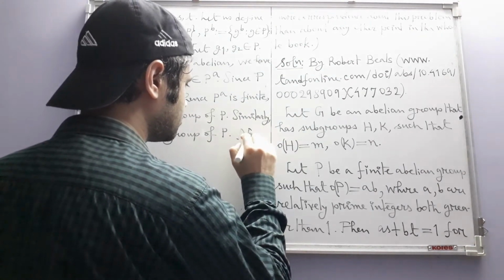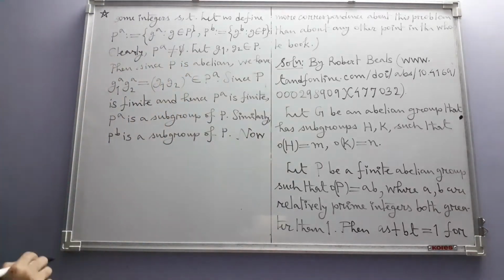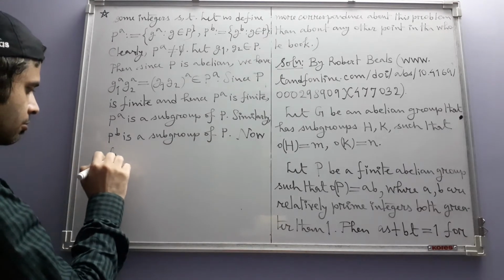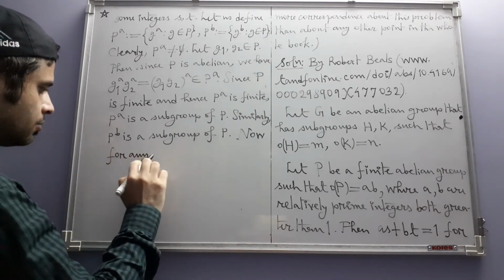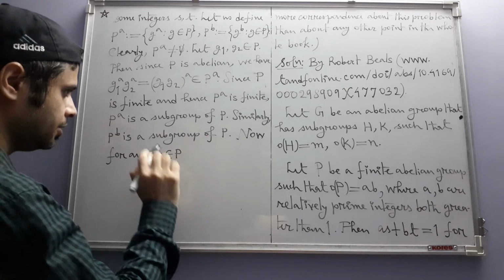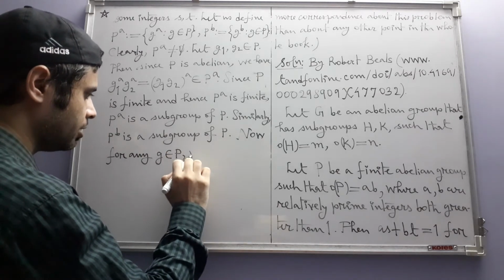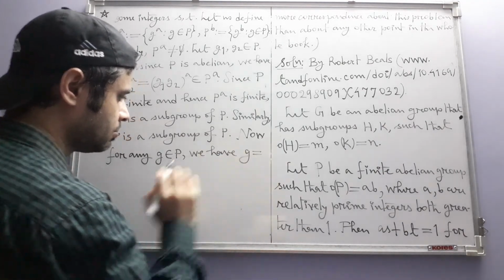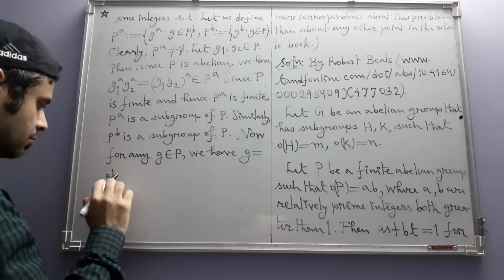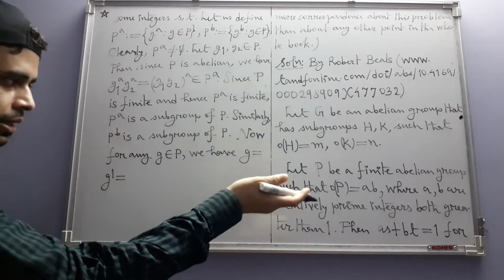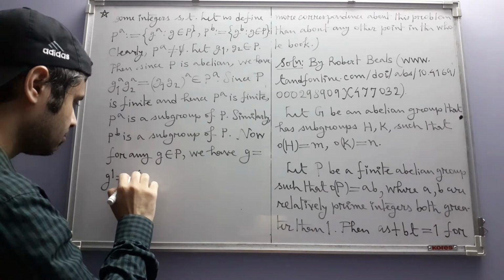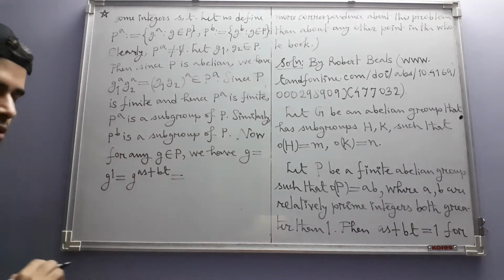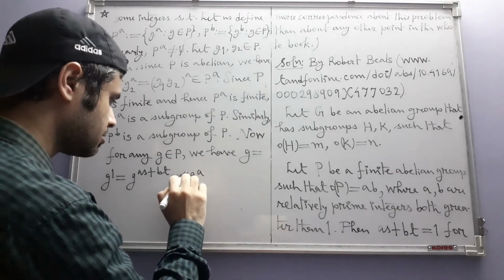Now it's time for us to use this equation. For any element G in P, we have G is equal to G to the power 1, and in place of 1 we can write AS plus BT, which using the rules of exponent can be written like this.